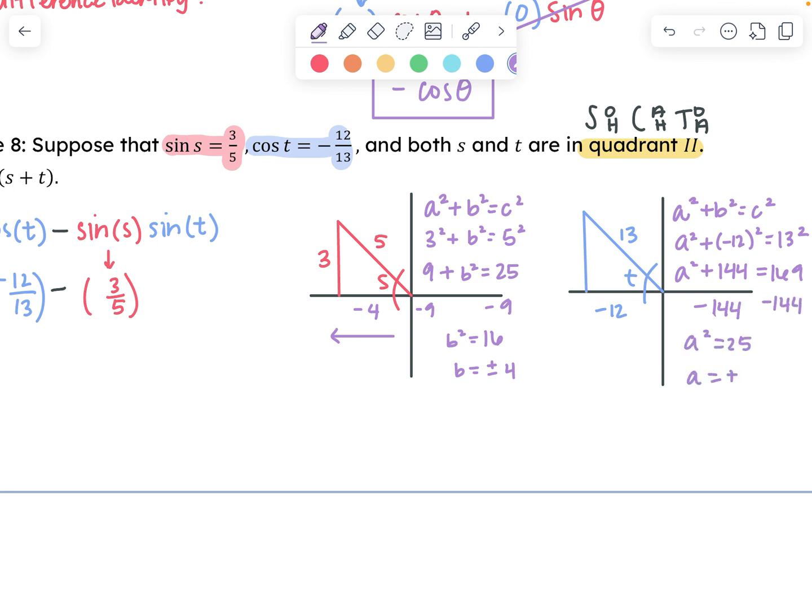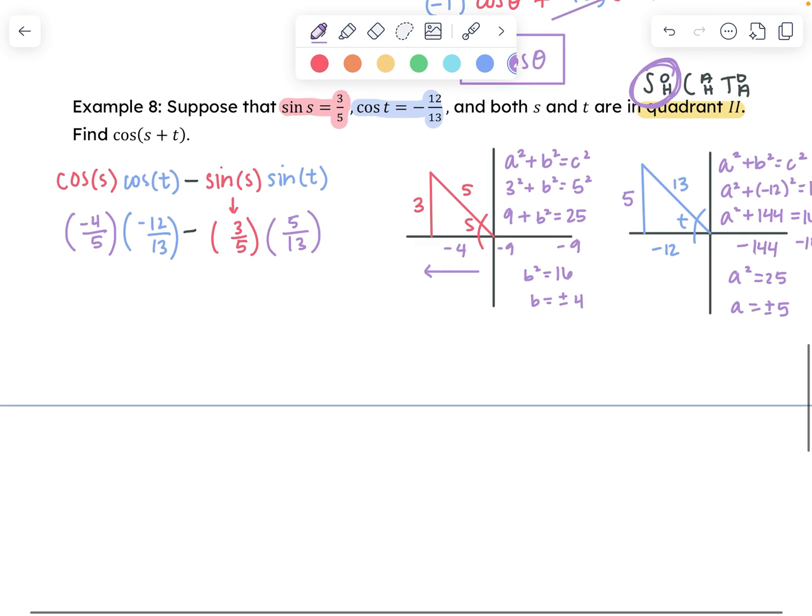So a is going to be plus or minus 5. We are going up, so it's going to be a positive 5. I need to find the sine of t, so I'm going to use SOH, so I'm going to do 5 over 13. Opposite over hypotenuse.